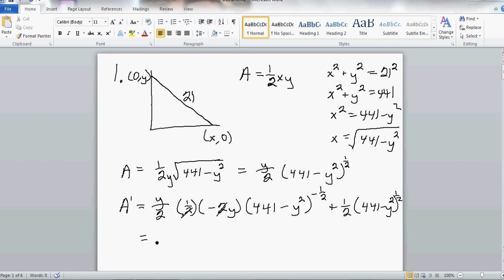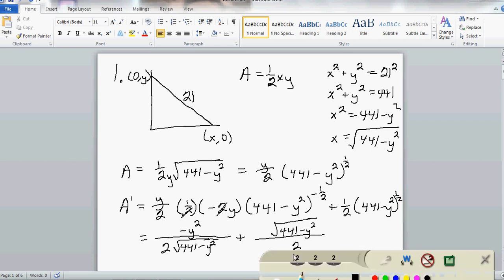We get the fraction where the square root of 441 minus y squared is in the denominator, and it leaves negative y squared in the numerator, with a 2 down there, plus the square root of 441 minus y squared over 2.